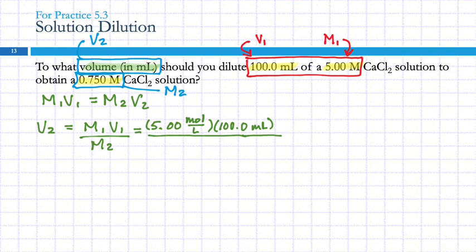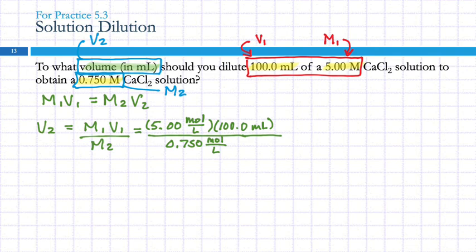Now, if that's all we were going to do, we'd have a little problem with units, right? But let's just hold off on the units for a minute and see what happens. In the denominator, I have molarity 2. That's this one, 0.750 moles per liter.